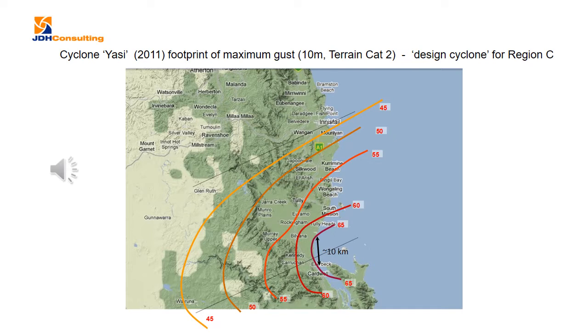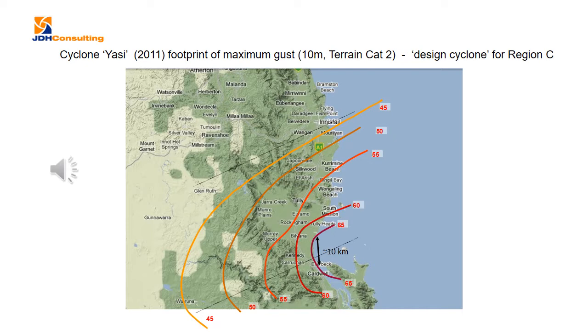By the way, this is a 0.2 second gust as used in AS/NZS 1170.2, which is a bit higher than what the Bureau normally uses. So you see those contours there with a maximum value affecting about 10 kilometres of coastline in the Cardwell Hinchinbrook Island area.